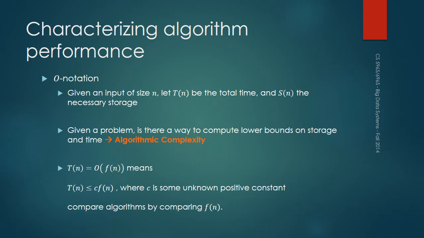If you express it in big O notation as a function, what it means is that the actual runtime in this case, or the storage, is going to be less than or equal to some constant times that function. And why is this important? The constants are important as well, but we are ignoring them here.